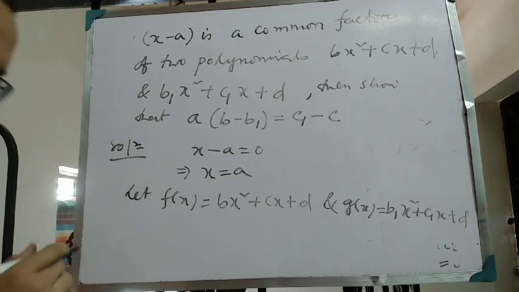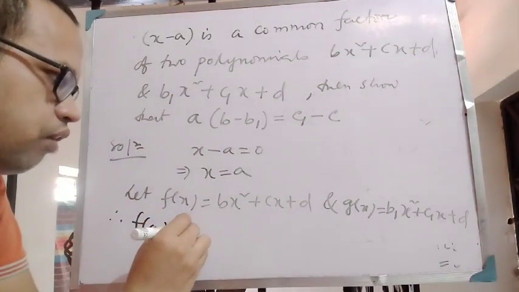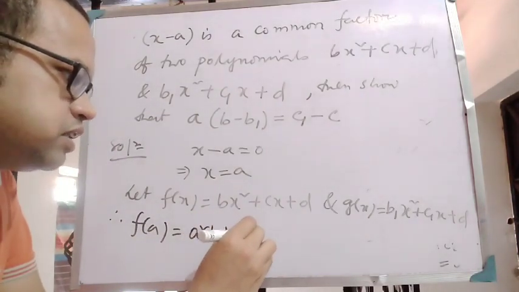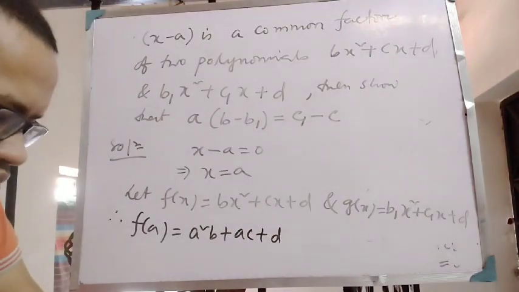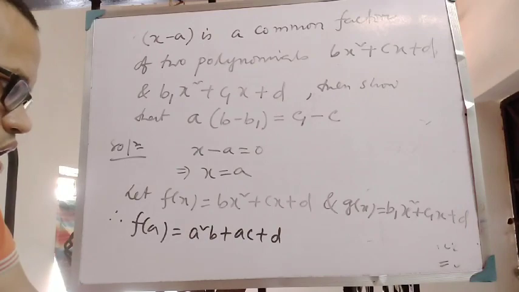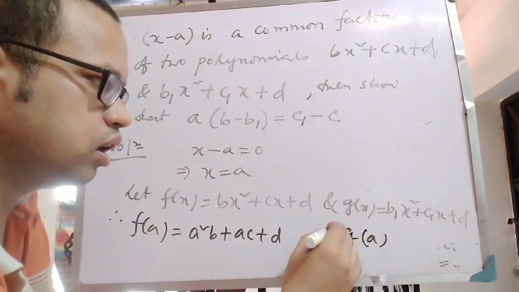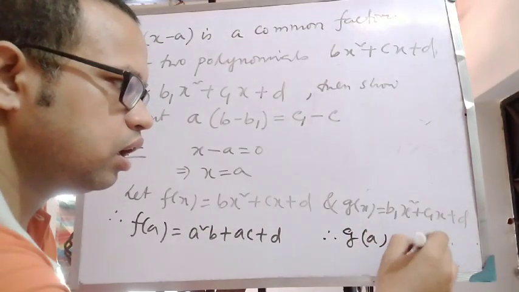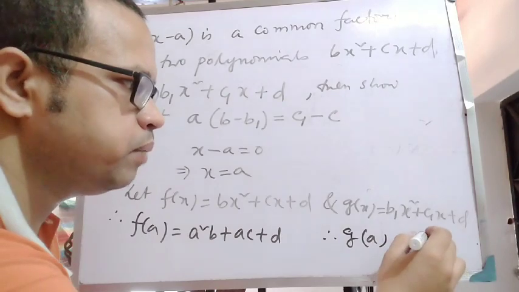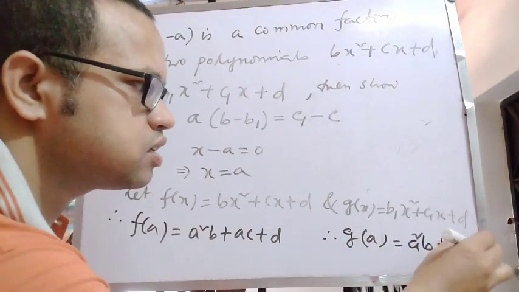Then calculate f of a. f of a will be a square b plus ac plus d and g of a will be a square b1 plus ac1 plus d.